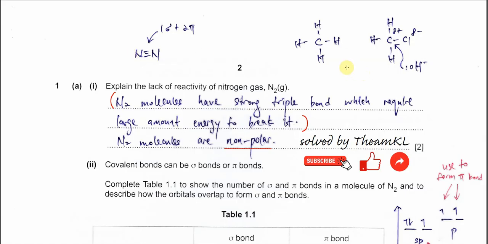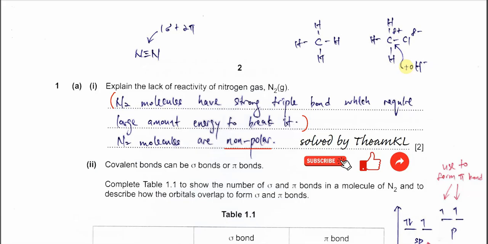Okay, I give you one example about polarity related to reactivity. Now we have 2 compounds: methane and chloromethane. For those who have learned organic chemistry, you know that when there is hydroxide and a halogenoalkane like chloromethane, there is a reaction between these species.